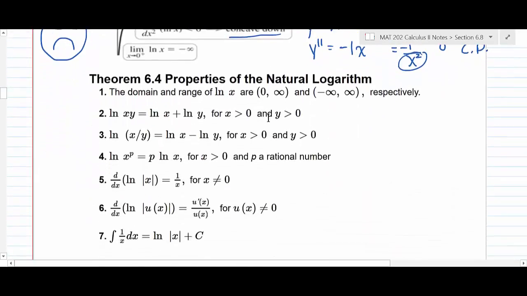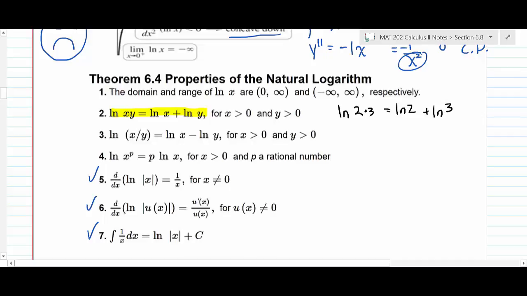So the other thing is of course, we've already talked about the derivative and reviewed that. We've reviewed the integral. These are basic properties that you typically learn in like college algebra. Like you learn that the log of a product is the sum of the logs. What that means is if you have the log of 2 times 3, that's really the same thing as the log of 2 plus the log of 3.